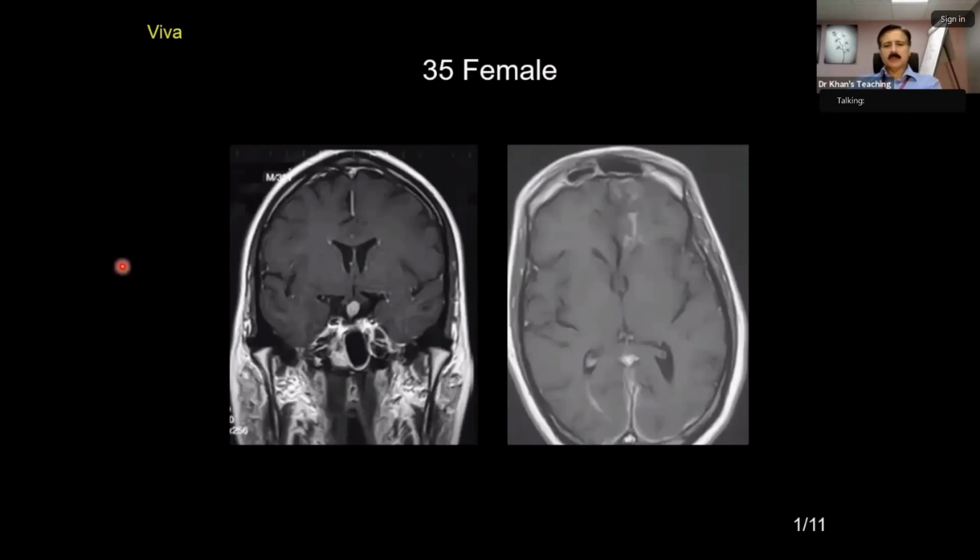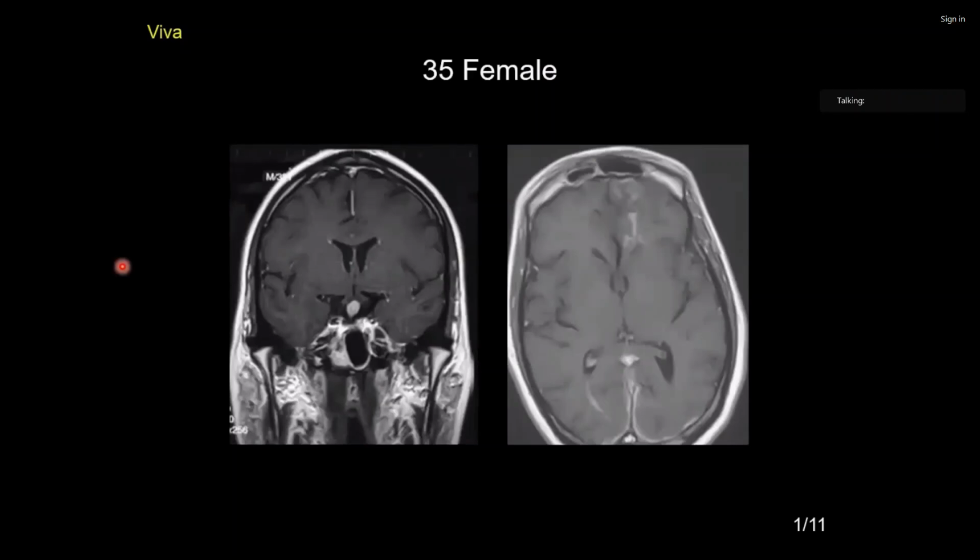Yes, please. So these are coronal T1 post-contrast, as well as axial T1 post-contrast too. I don't have pre-contrast images, but I can see a left frontal intra-axial enhancement.